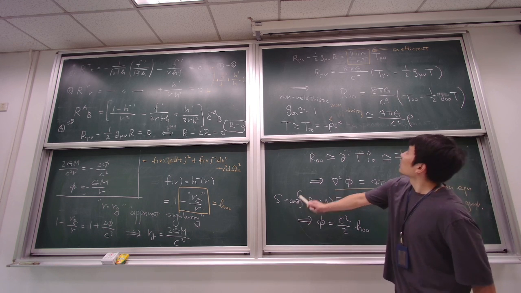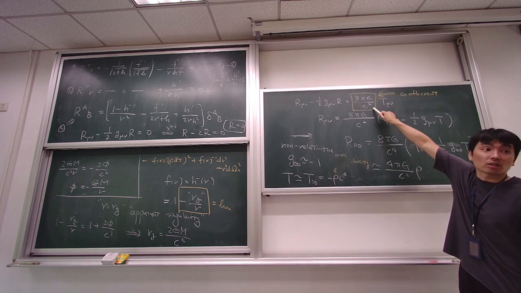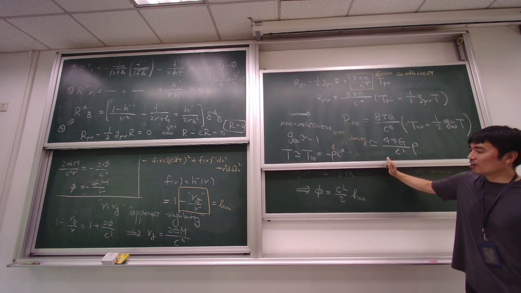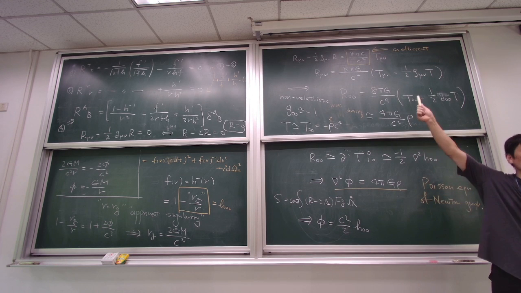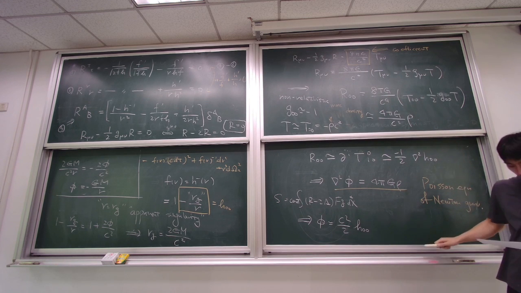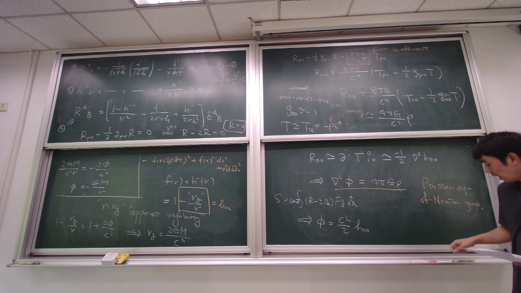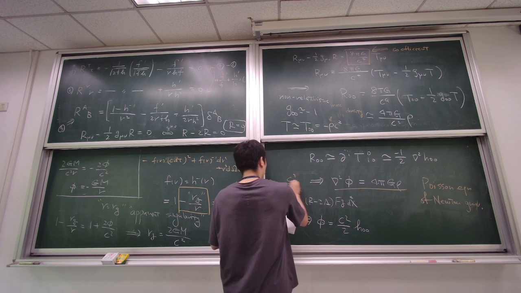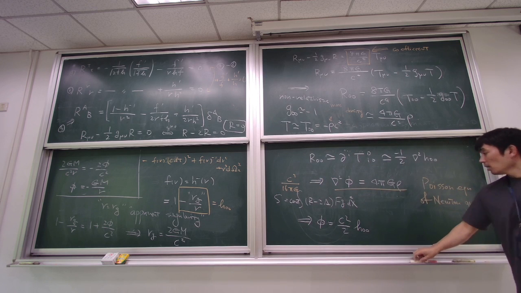This constant will determine this coefficient. For me it's not important, but if you take the Newtonian transformation, this should be the constant. That's how Einstein originally determined the 16 pi G. So this is the constant.